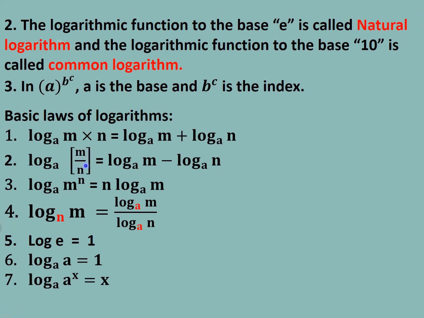So, if the quotient is considered, then it will be converted as the difference after taking the logarithm, and the exponential form will be converted as, for example, log of m raised to n to the base a is converted as n into log m to the base a, and log m to the base n, here the base is taken as n, then it can be converted to the common base a as log m to the base a divided by log n to the base a.